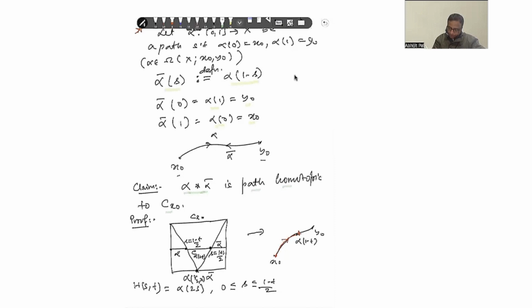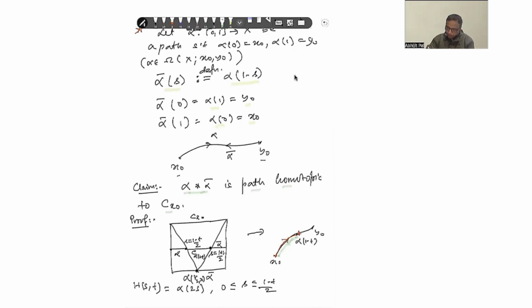Again, the proof is simple. The philosophy is the following: you travel up to alpha(1 minus t), and again you come back. So this will give you the homotopy.